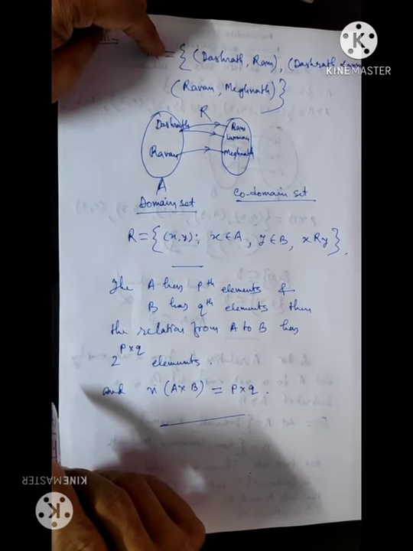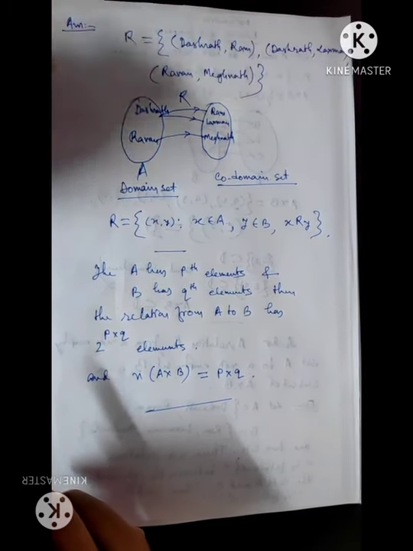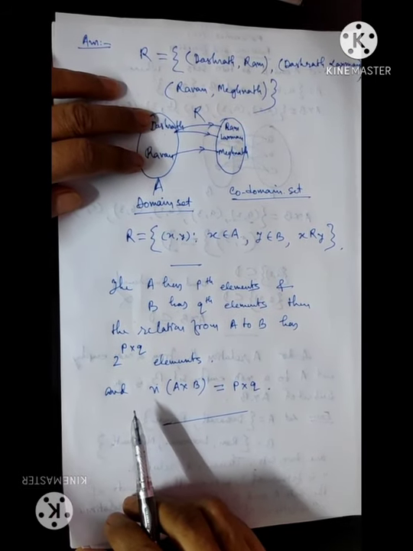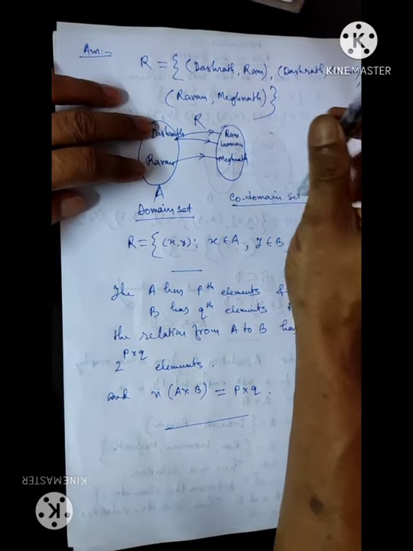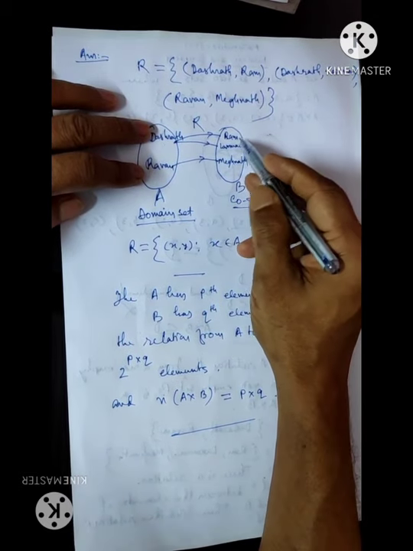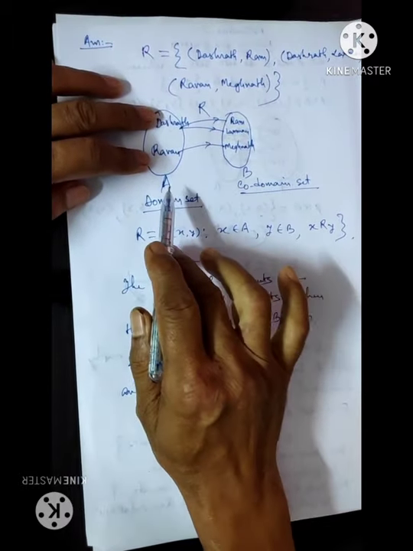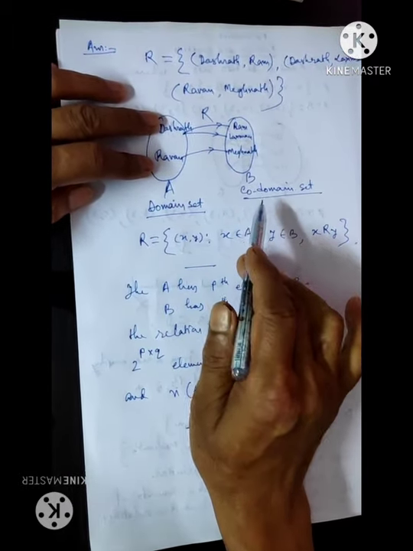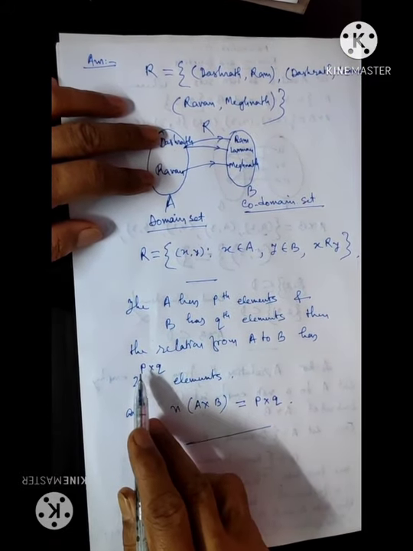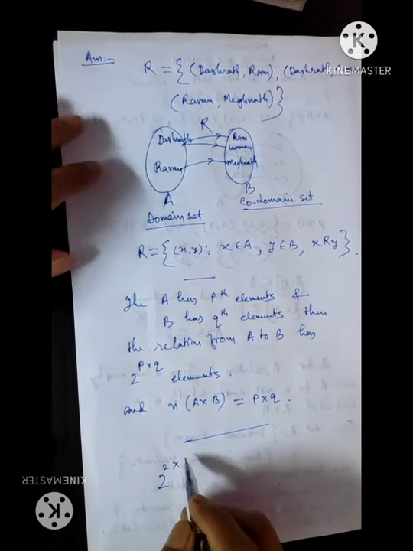Then in this example, here A has Dasarath and Ravan, and B has 3 elements, Ram, Lakshman and Meghnad. Then within these sets A and B, the number of relations will be 2 to the power p into q, where p is 2 and q is 3.